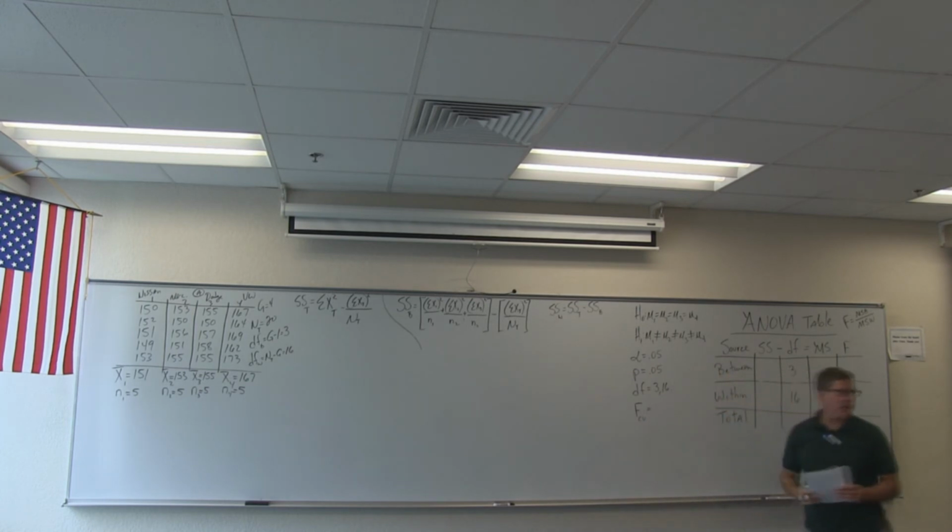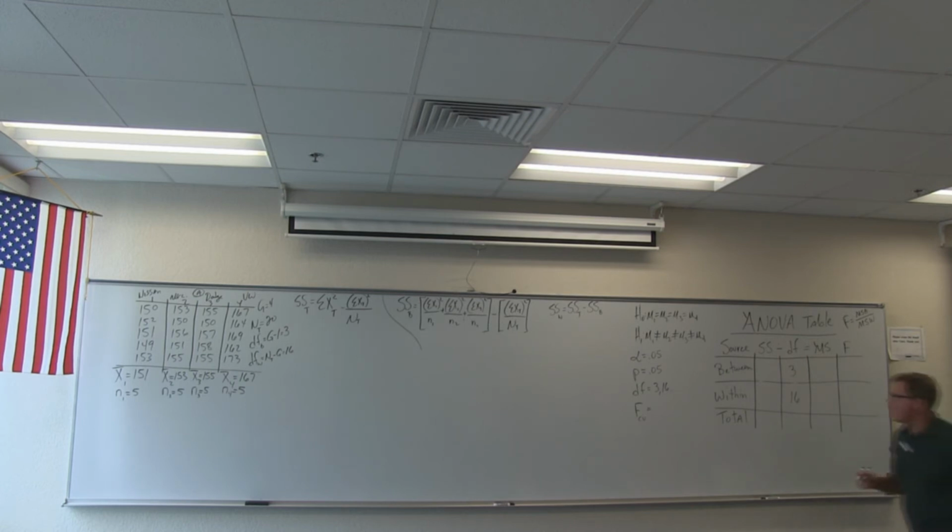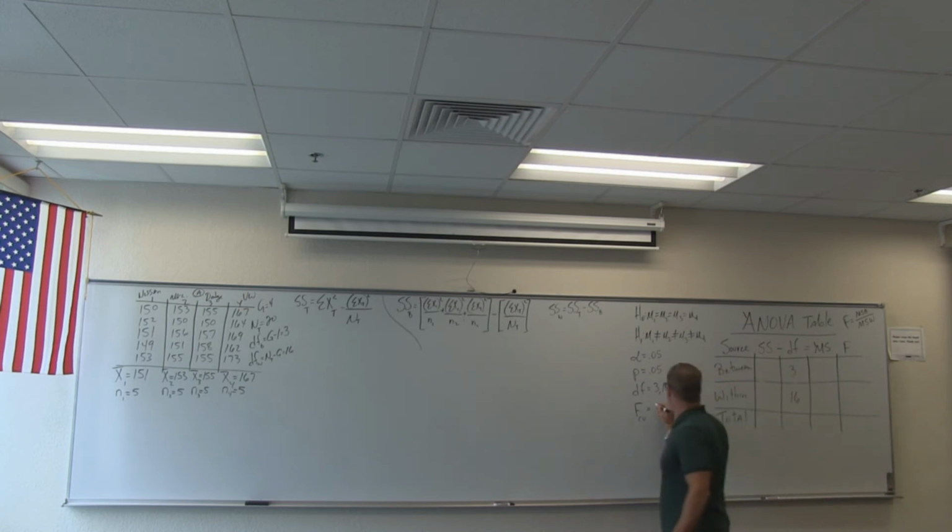We can find a critical value. We turn back to page C26. C26 is our alpha .05 page. We go across the top to 3, down the side to 16, and there's a number there, 3.24.